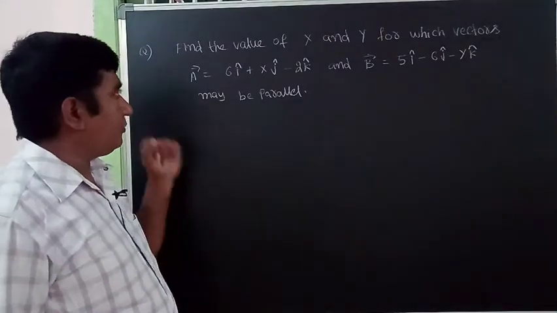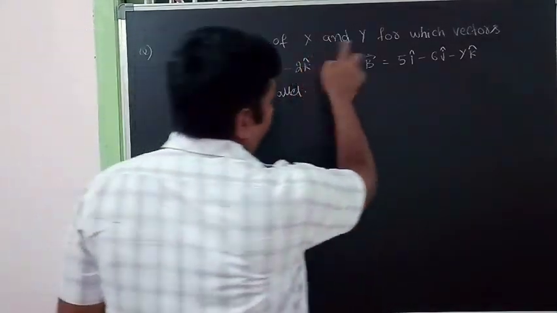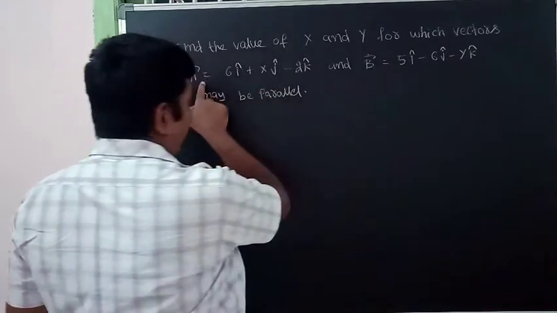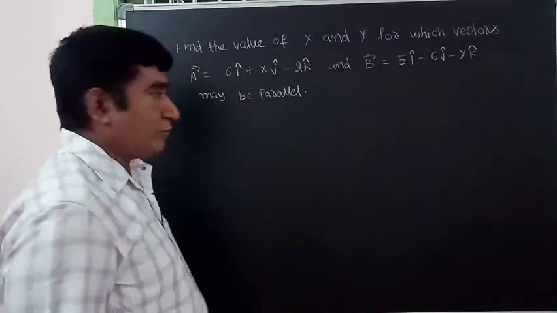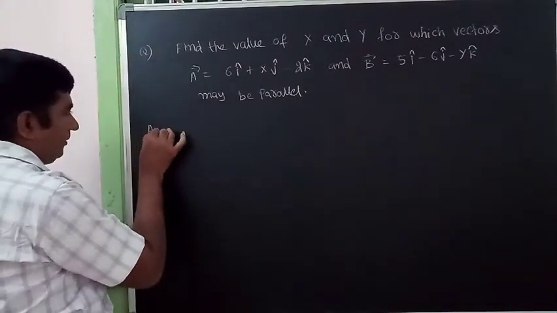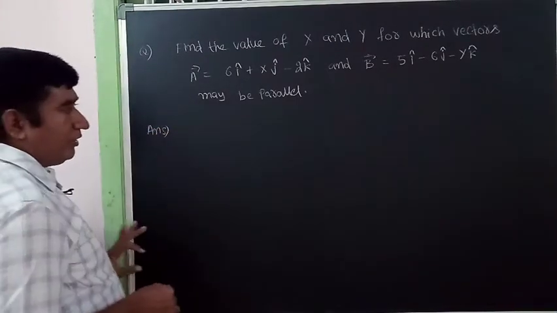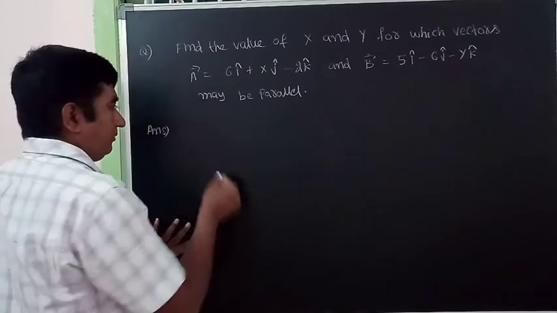Okay. Next question. Find the value of x and y for which the given vectors a vector and b vector may be parallel. Before solving this numerical, here is one small hint.